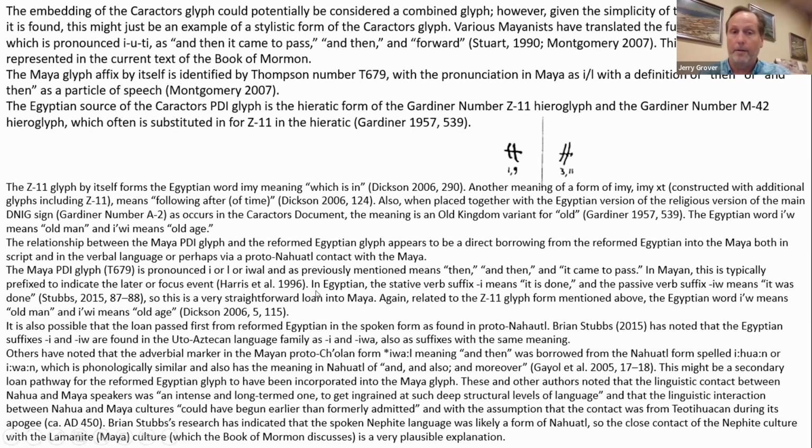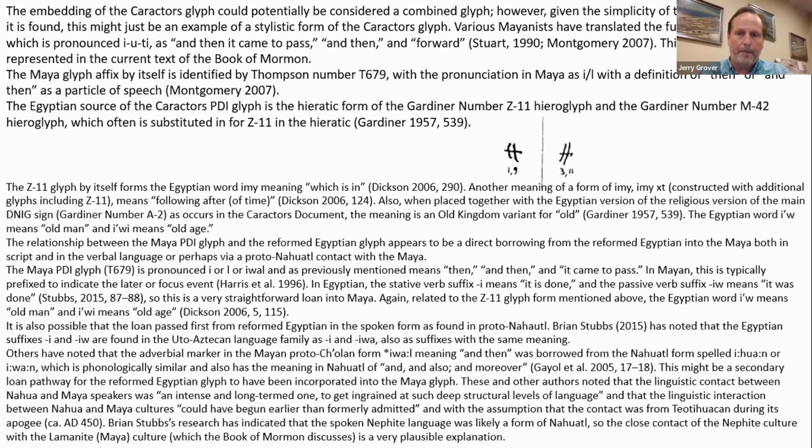Brian Stubbs didn't look at this incorporation into Maya or anything. This is all my work, but he was correlating that particular word in Hebrew or Egyptian, in this case Egyptian, that is found in the Uto-Aztecan language family. So what I'm saying is it does show that that word was used in their language system. Probably it's some form of Proto-Nahuatl.